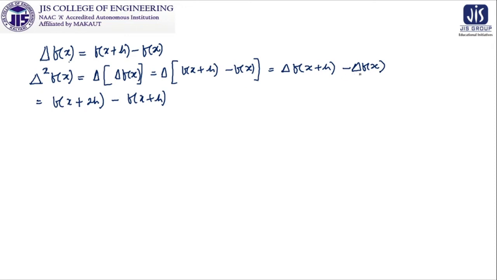Then for del f x, we can write again from the definition, f of x plus h minus f of x. So simplifying it, we can write f of x plus 2h minus 2 into f of x plus h plus f x.